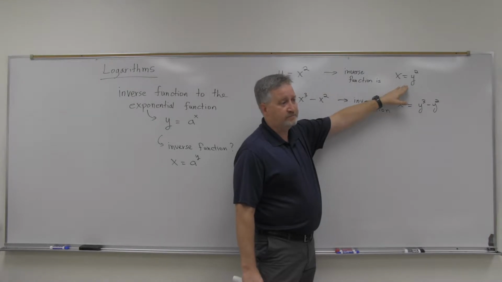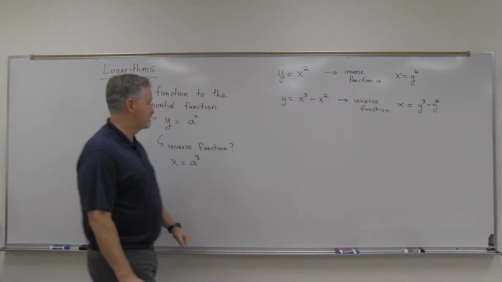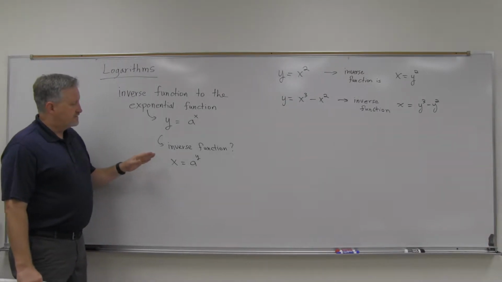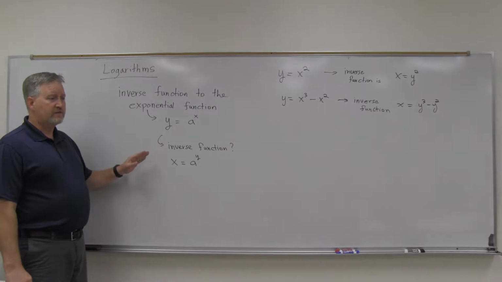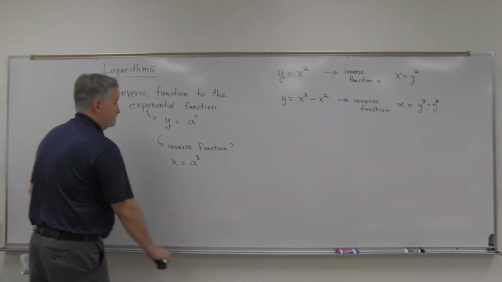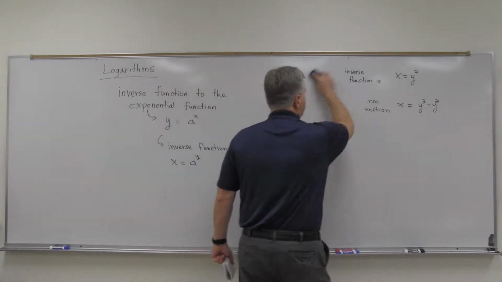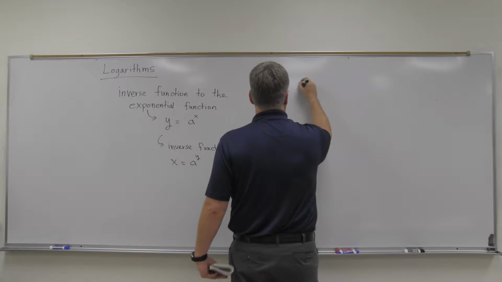Square root both sides, plus or minus. That one would be a little more challenging to get y equals, but this is one form of the logarithm. Now, the actual definition, so keep that in mind. But that's the inverse function there.